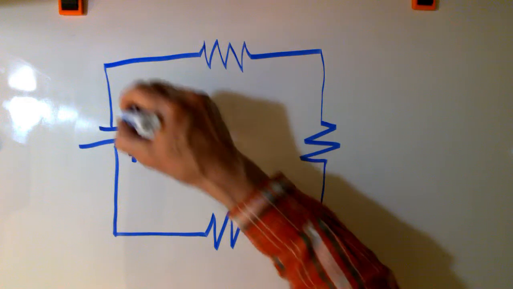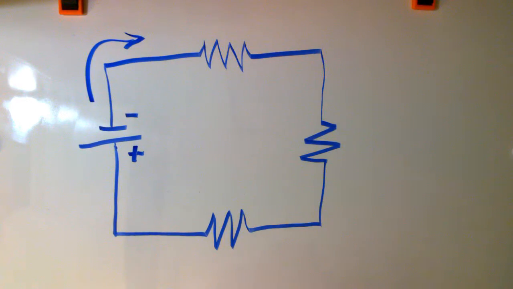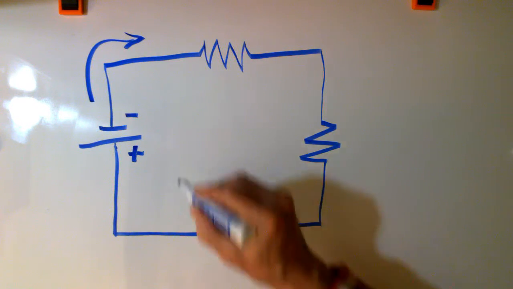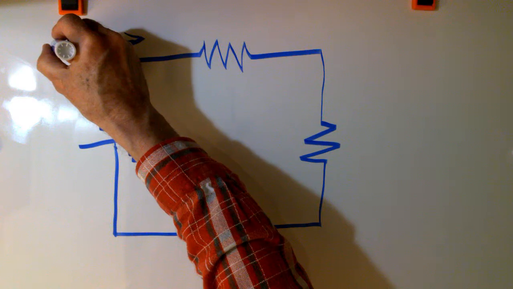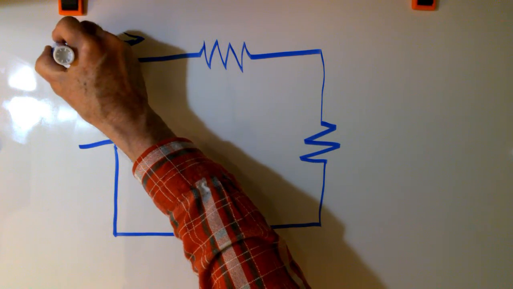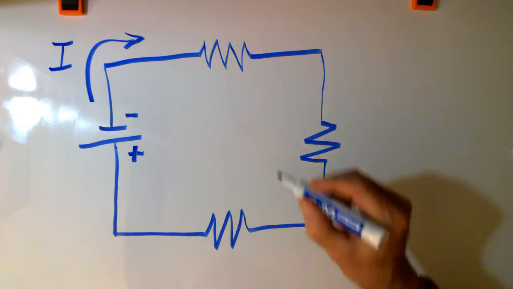So current will travel as I always do it. Remember that just because I do it that way doesn't mean the world is that way. And what I have is my current traveling in a clockwise direction in this circuit.